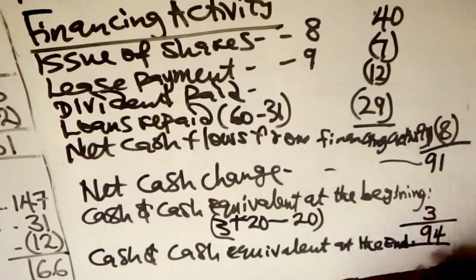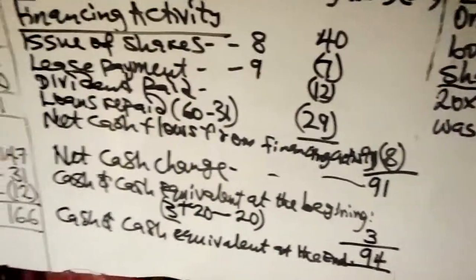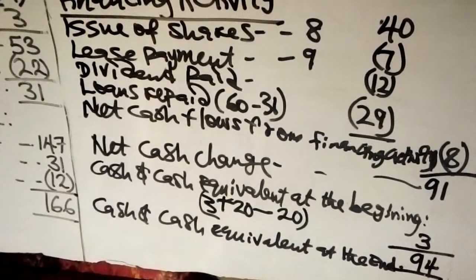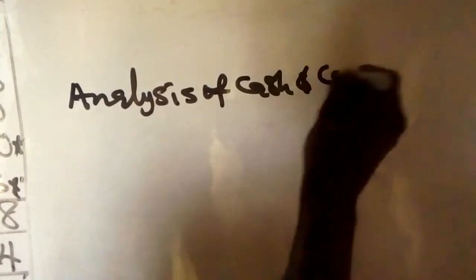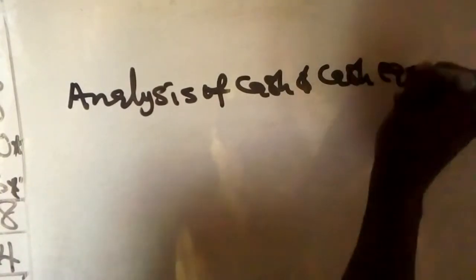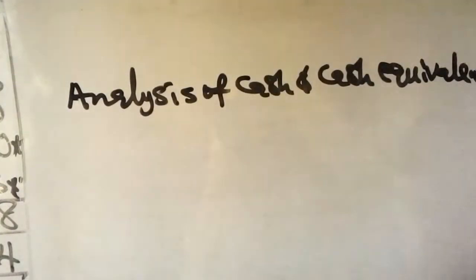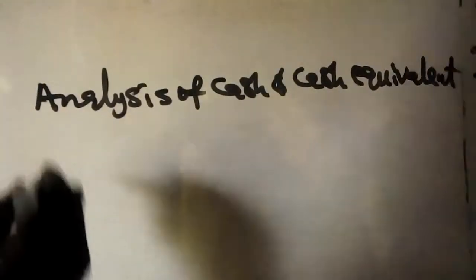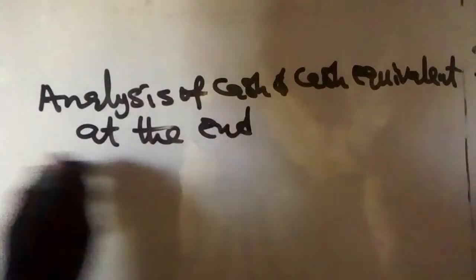Now let's analyze this, how we arrive at this 94. Analysis of cash and cash equivalent at the end of the period.